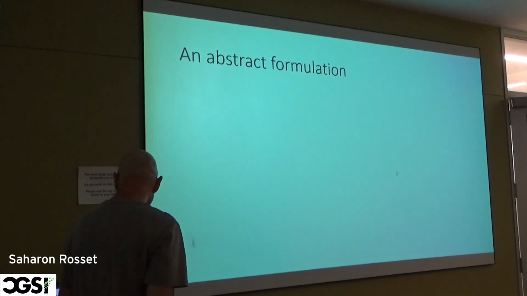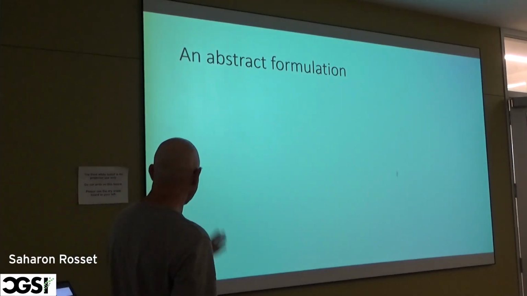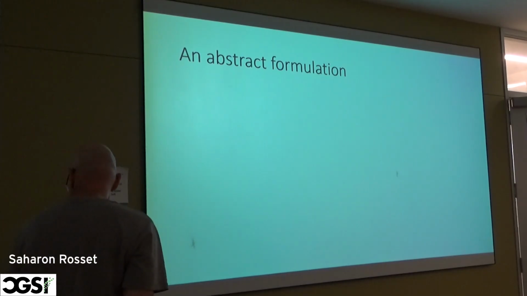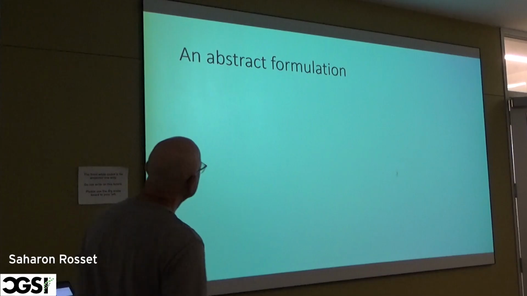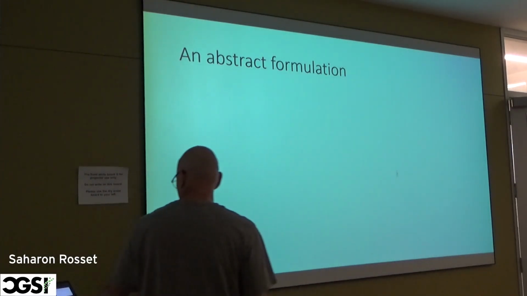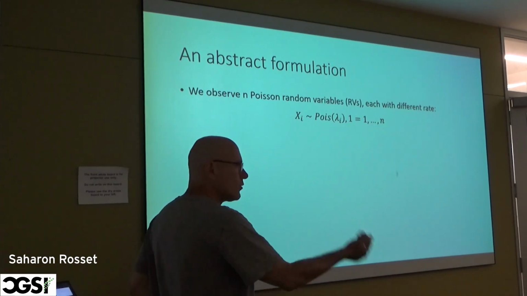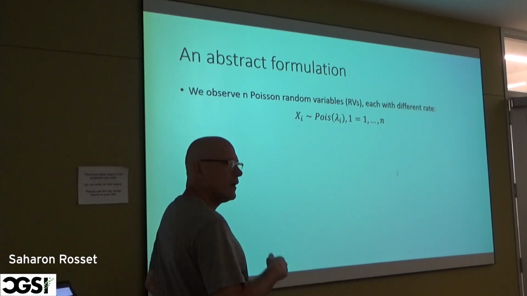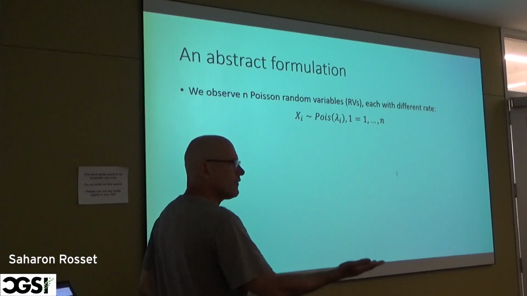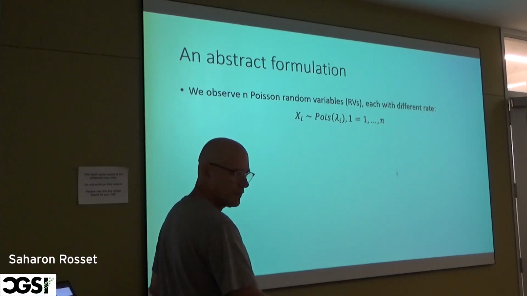Okay, so let's take a step back and ask what actually is the statistical formulation under our assumptions. We assume that we know the reconstruction of the tree, meaning at each site we observe the actual number of mutations that have occurred.